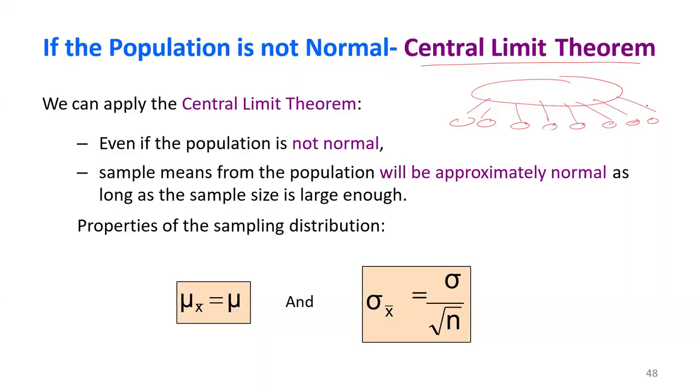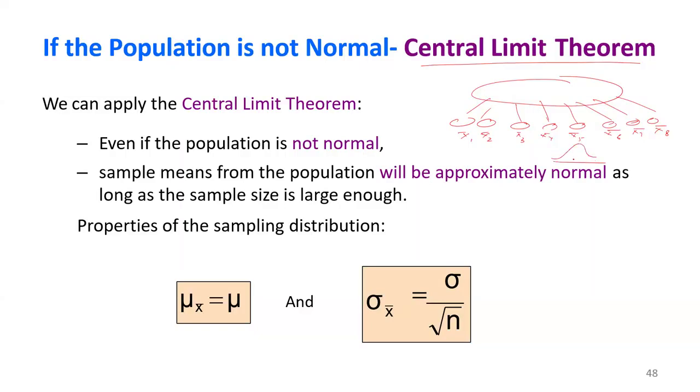It's highly unlikely that I get the exact same 50 observations more than once, so I'll get different combinations of observations in my samples. If I find the sample mean for each of the samples, what the central limit theorem states is that the distribution of these sample means will follow a normal distribution.